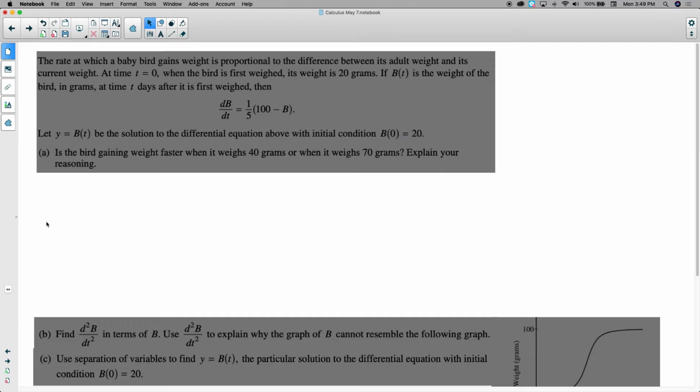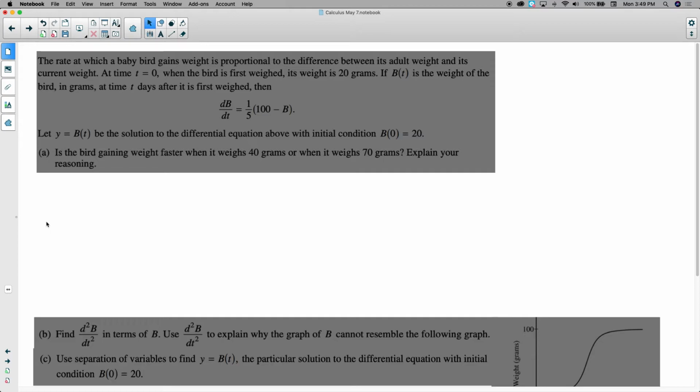If B of t is the weight of the bird in grams at time t days after it is first weighed, then the derivative of B with respect to t is equal to 1/5 times the quantity 100 minus B, the weight of the bird. Okay, let me say a little bit to this.